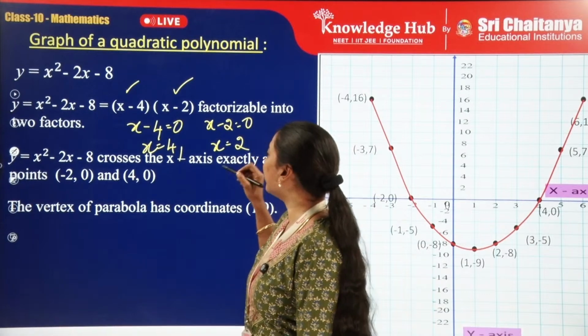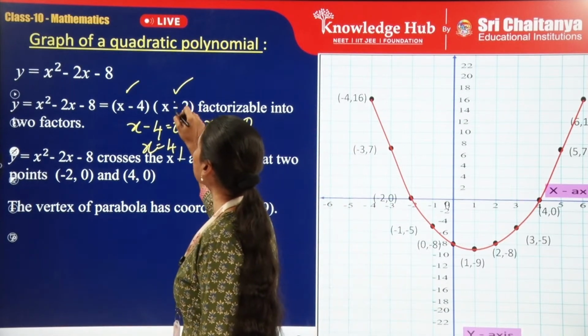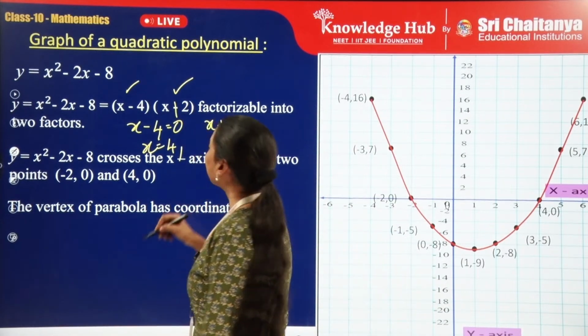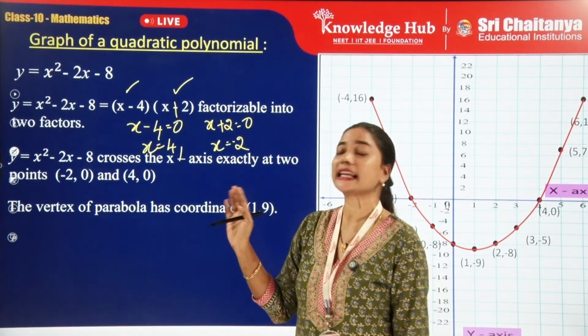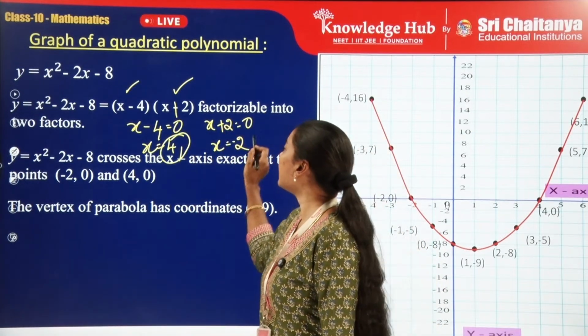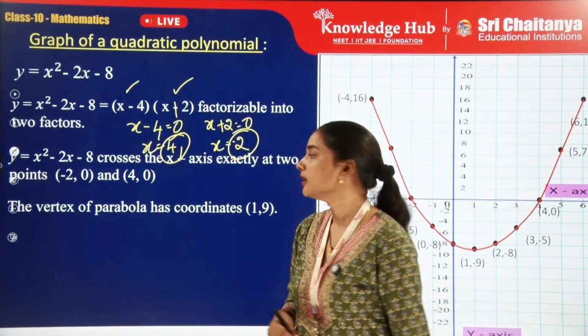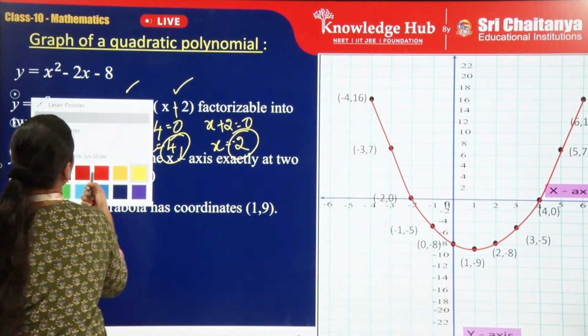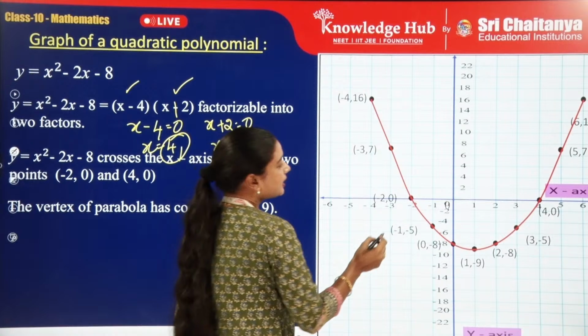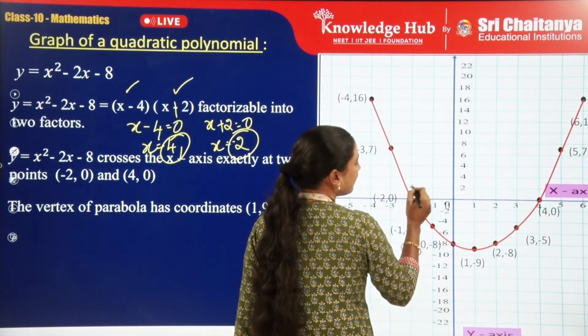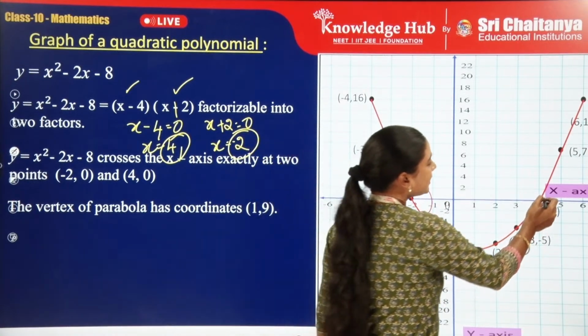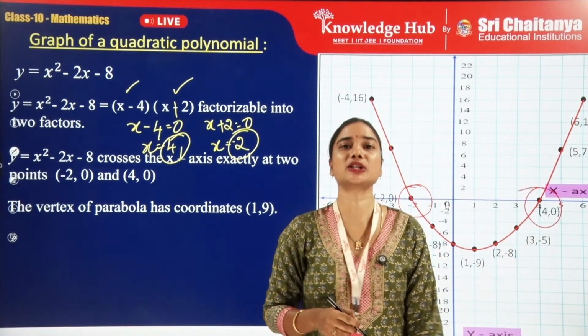If you observe the graph, it touches the x-axis at 4 and at minus 2. So let's cross check whether it is correct or not. The graph touches the x-axis at minus 2 and at plus 4.